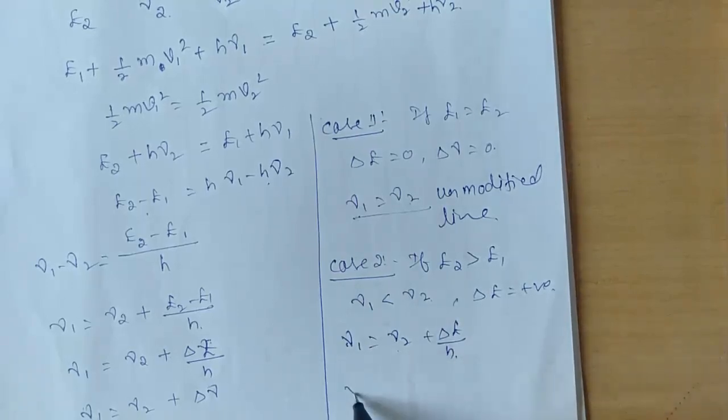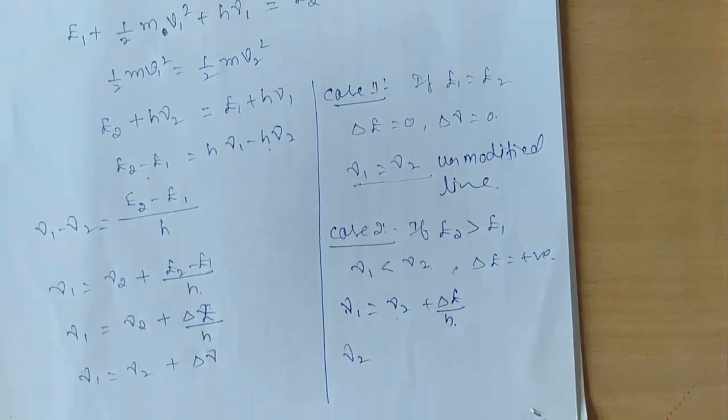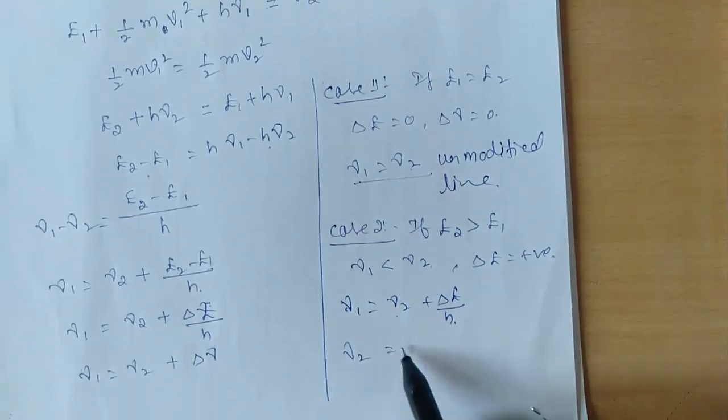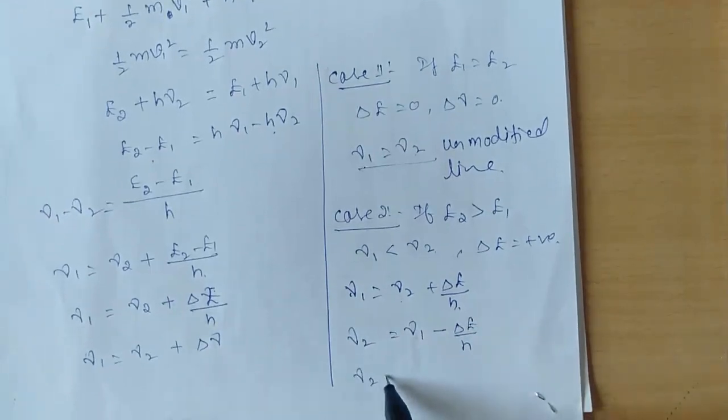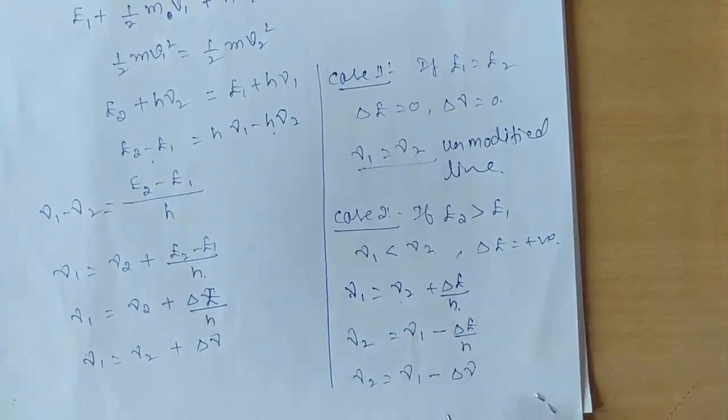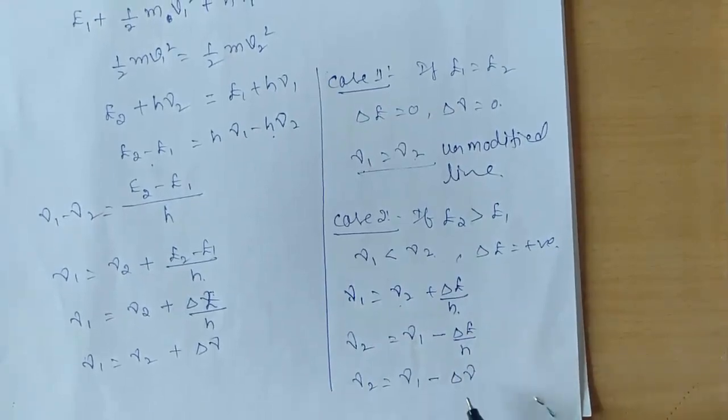Now we need nu 2, that is frequency of the scattered light. So therefore nu 2 can be written as nu 1 minus delta E divided by h. So therefore nu 2 is equal to nu 1 minus delta nu. So this will correspond to the shorter wavelength. Why? Because nu 1 is the frequency of the incident light and nu 2 is the frequency of the scattered light.